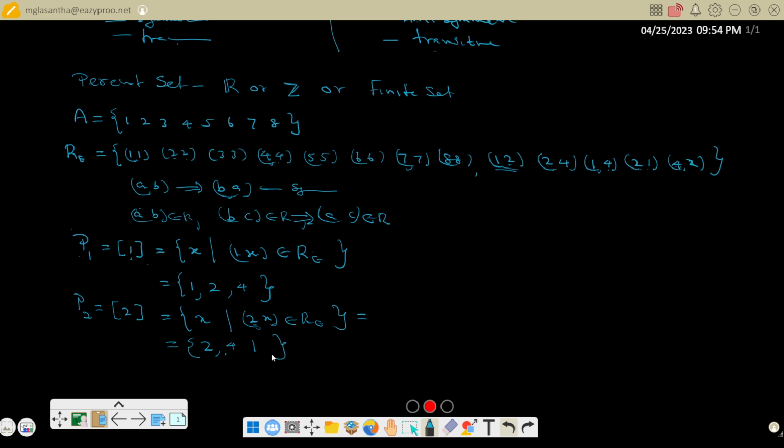That's it. Same set, no? P1 and P2 are both the same. [1] equals [2]. Same set, no?